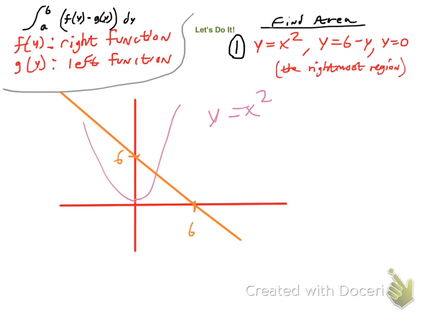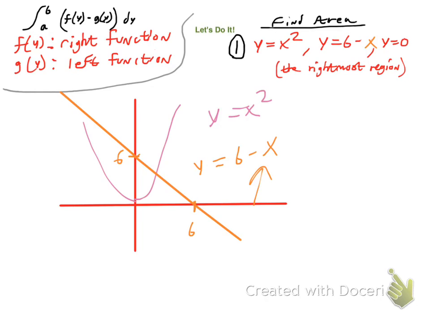The x-intercept's also at 6, because this is y equals 6 minus y. So when you plug in 0 for y, you get what? Oh, well, that's a problem in here, actually. That's not y equals 6 minus y. That is y equals 6 minus x, actually. Whoa, that was crazy. y equals 6 minus x.